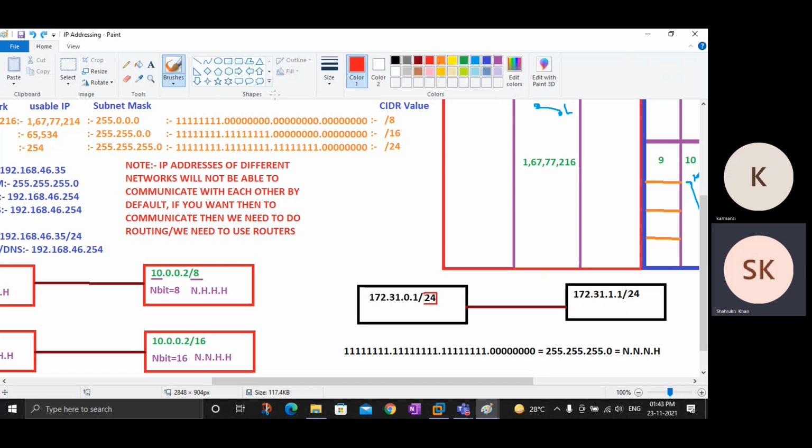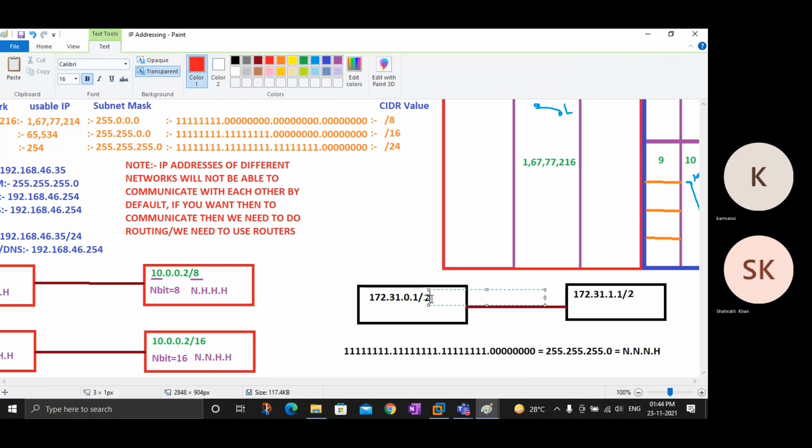And after subnetting, you will get some values like instead of 24, you can get 20, or you may get 25, 26, 27, 28. It could be anything depending on the number of hosts you have done the subnetting for.